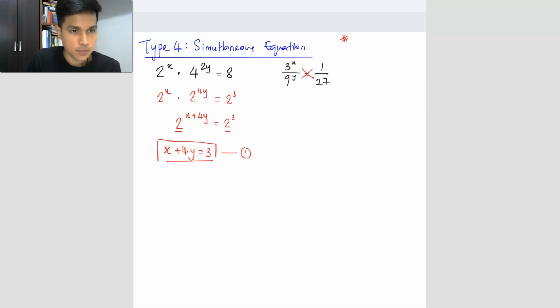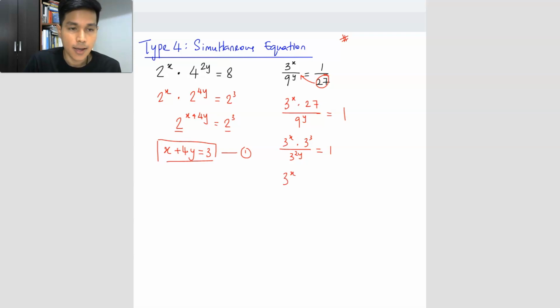For this one we can cross multiply. Actually, you don't have to cross multiply. You can just bring this over. So it becomes 3 power x times 27 over 9 power y equals 1. All of this I can change to base 3. So 3 power x times 3 power 3 over 9, which is 3 square, so 3 power 2y, because you have the y here, equals 1.